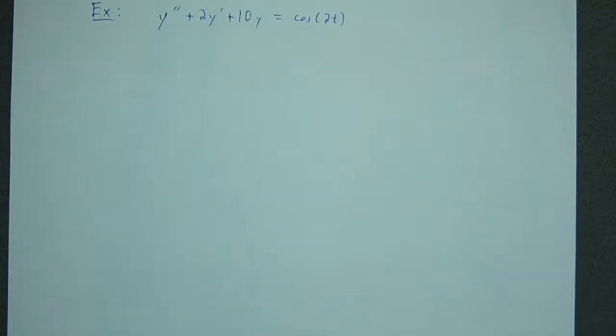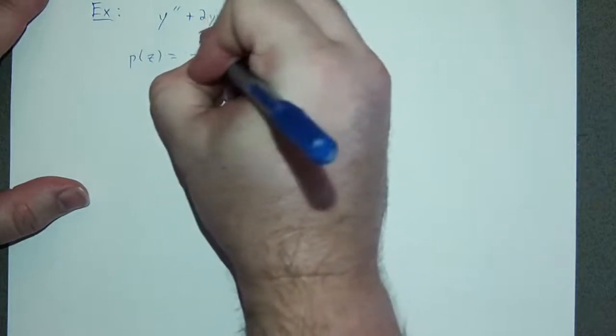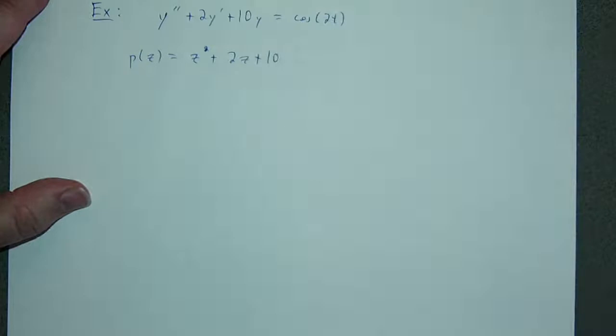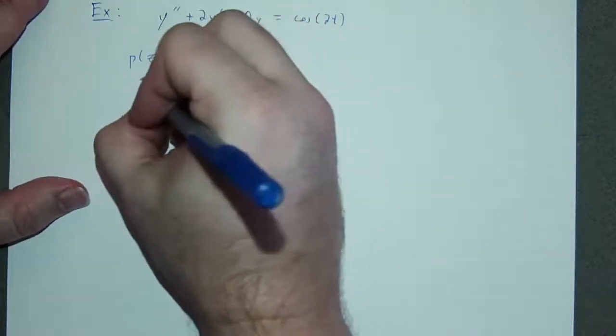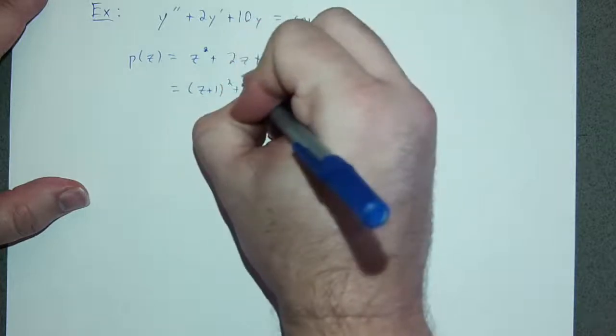All right. So how does this work? Well, same as always. First thing, the characteristic polynomial is z squared plus 2z plus 10. We could do this in our sleep by now. So this is z plus 1 squared plus 3 squared.